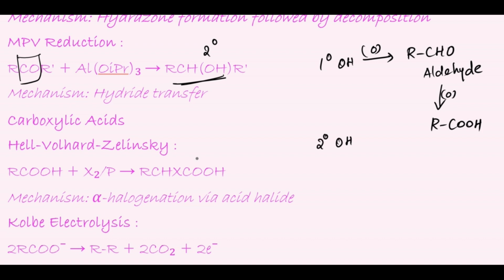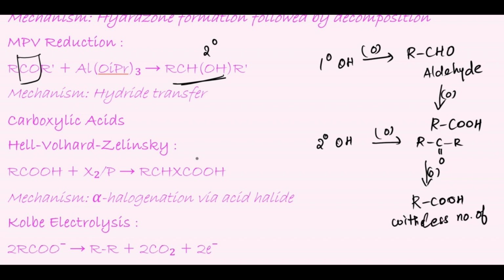Secondary alcohol will give ketone, and upon oxidation, that will give carboxylic acid with less number of carbons. Because two different carboxylic acids it will be forming. So this is super important. Please note it down somewhere.